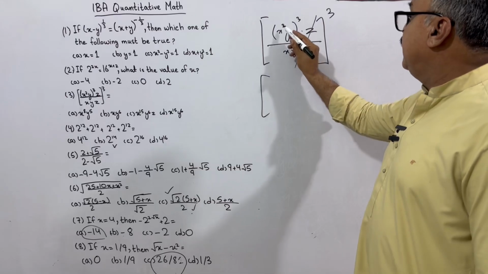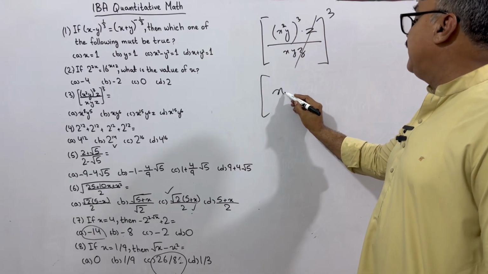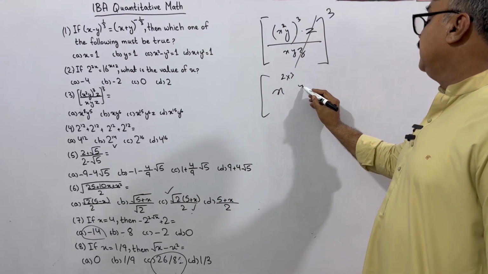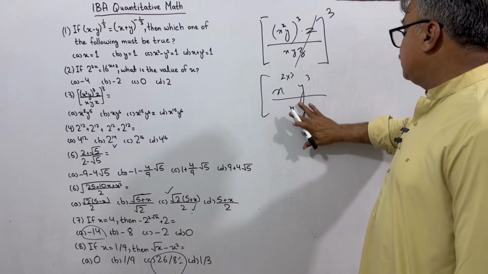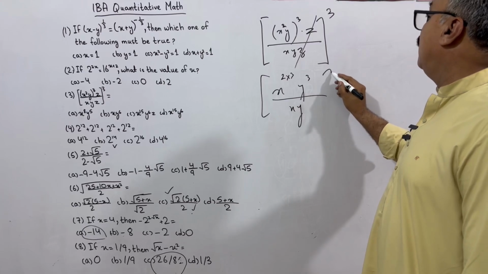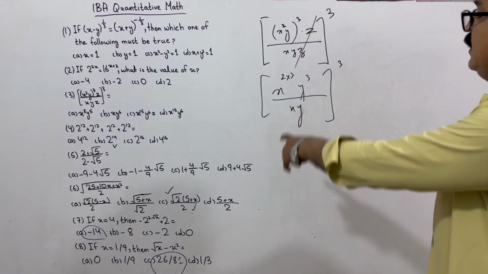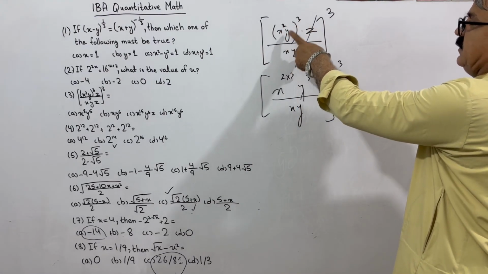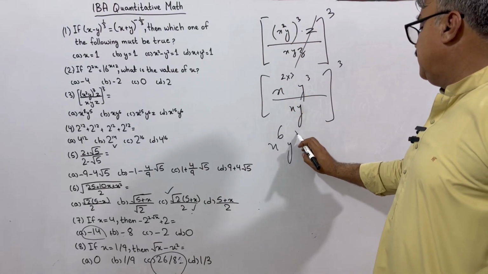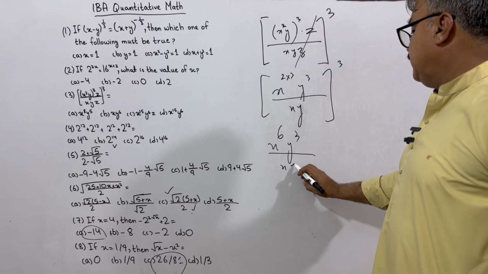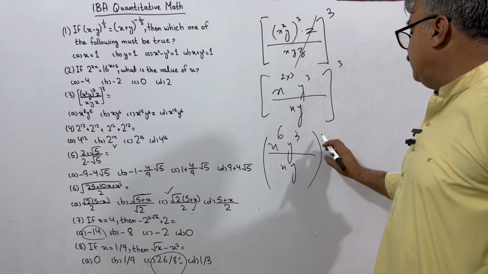Okay, x squared cubed: 2 times 3 is 6, y raised cube, overall divided by x y raised cube. So I can write x^6 y cube overall over x y raised cube.